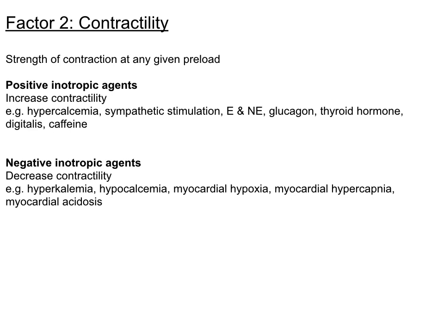So some examples of these positive inotropic agents are things like hypercalcemia. Now, yes, hypercalcemia decreased heart rate, but it didn't stop the heart. So when your cardiac muscle cells are stimulated, okay, your sinoatrial node does send out an action potential.